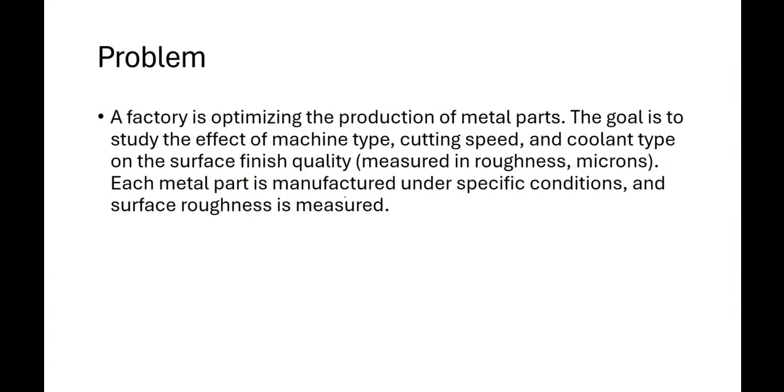For example, we have a simple problem here: a plant that tries to optimize the production of metal parts. The goal is to study the effect of machine type, cutting speed, and coolant type on the surface finish quality.